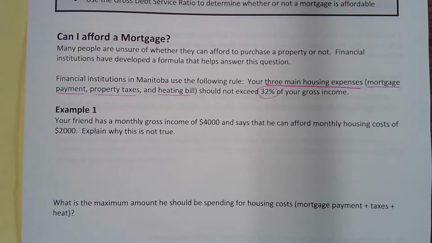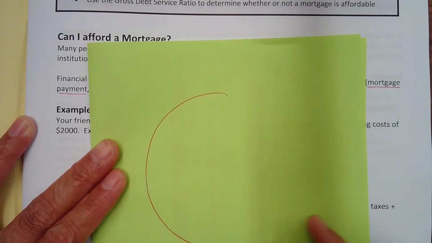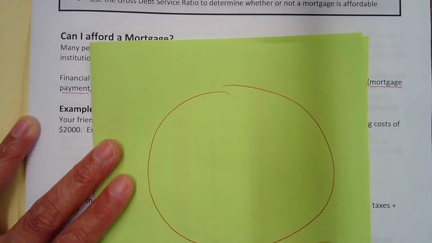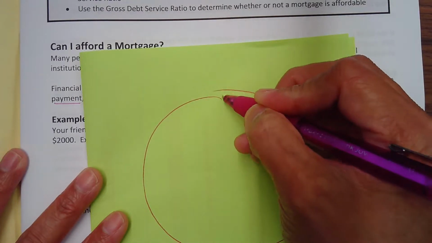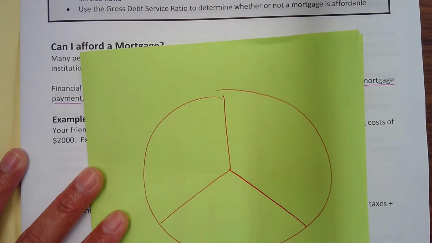Let's say I'll give you a chart, and I think all of you have taken Essentials 30. Let's say this is the pie chart of your income. All of this is your income. A third. Well, how big is a third? If you cut this into 3 equal parts, this is 1/3.